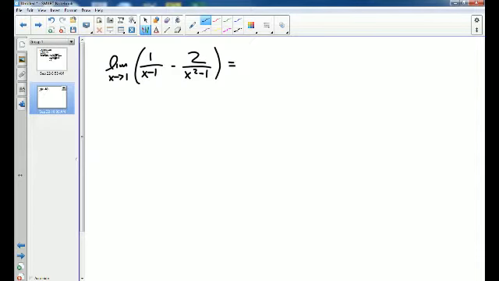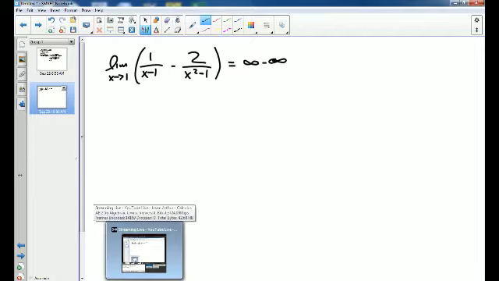Think about it: 0.01 is 100, 0.001 would be 1,000. If you keep going, 10,000, 100,000, it's going to infinity, correct? Kind of sounds funny, but we'll study this more deeply in a few days.